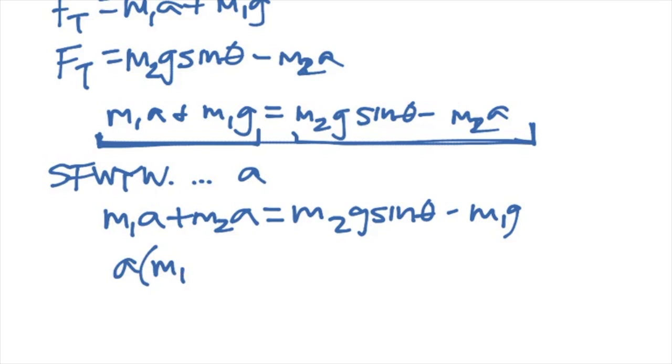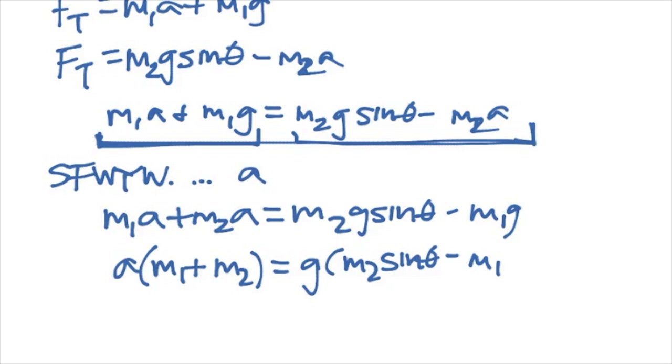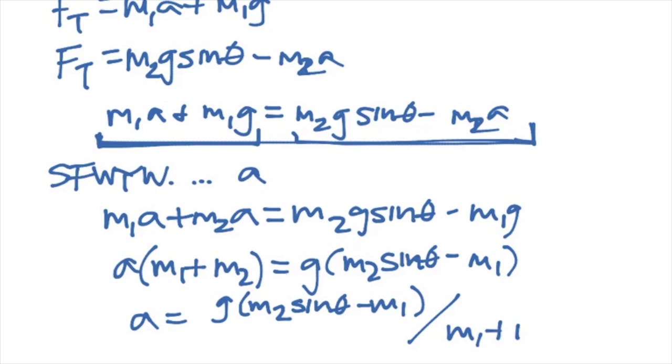Acceleration times m1 plus m2 equals g times m2 sine theta minus m1. So the acceleration of the system is g times m2 sine theta minus m1, all divided by m1 plus m2. There it is. The acceleration for this block on a ramp system.